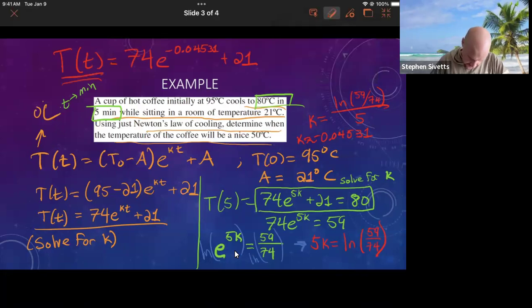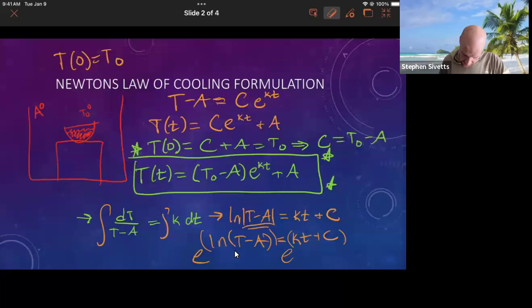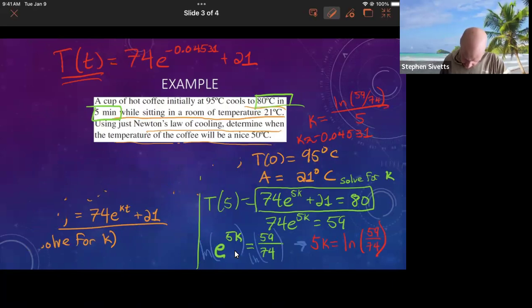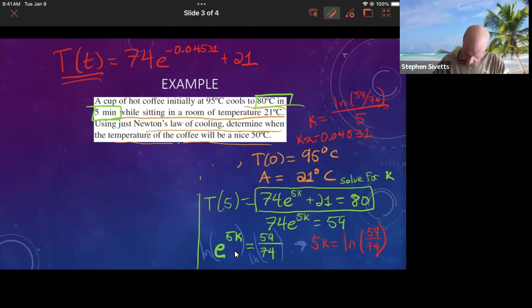Then to figure out the time when the temperature is at 50 degrees Celsius, we just solve for t.